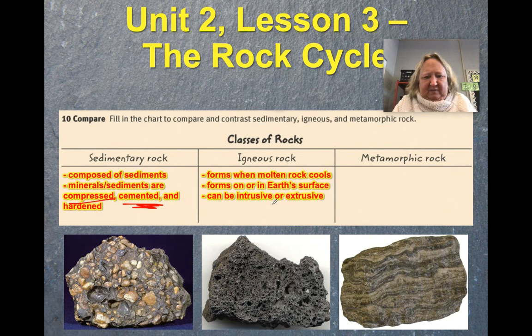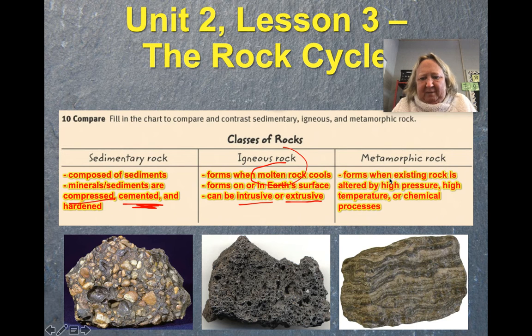Or in this phrase, they use the term molten rock, but that's magma and lava. Okay. Again, next lesson we'll look at this, but they are either intrusive or extrusive, which is the two kinds. Don't worry about that right now. And then last, we have metamorphic. Okay. And again, high pressure, high temperature. They morph into something else.